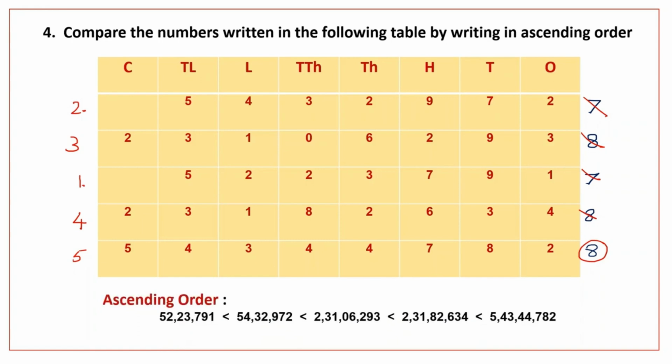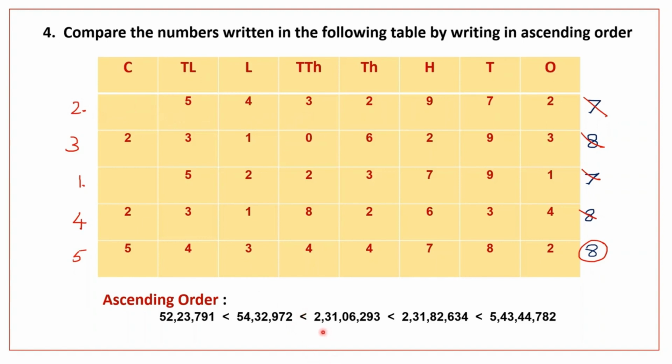So the smallest number here, the smallest is what we can see here, 52,23,791. That is this one, the smallest number. Next, the next smallest is 54,32,972. That is this one. We have written it down.